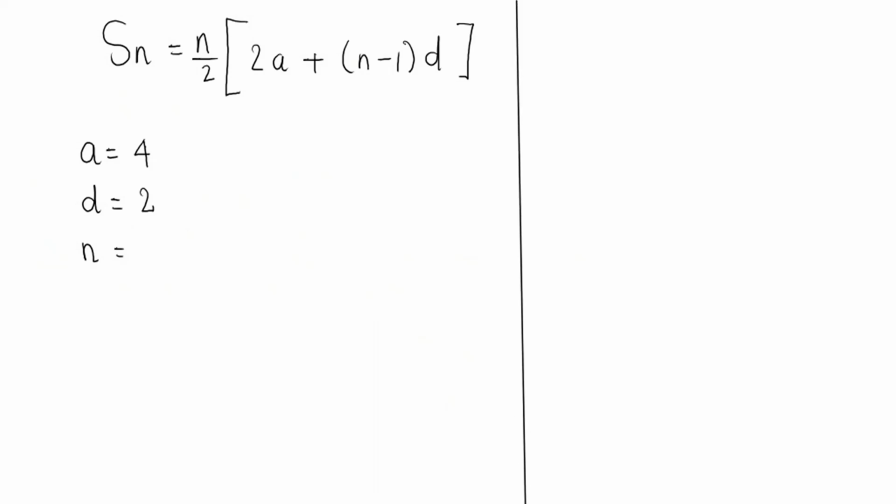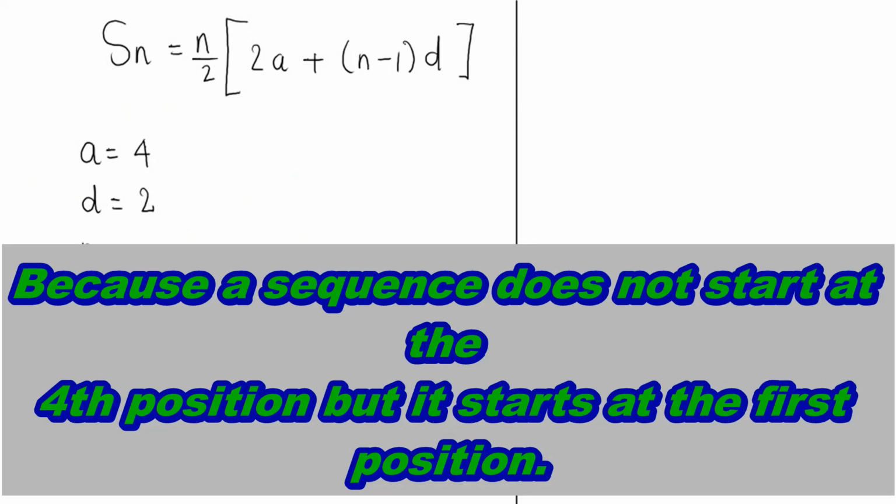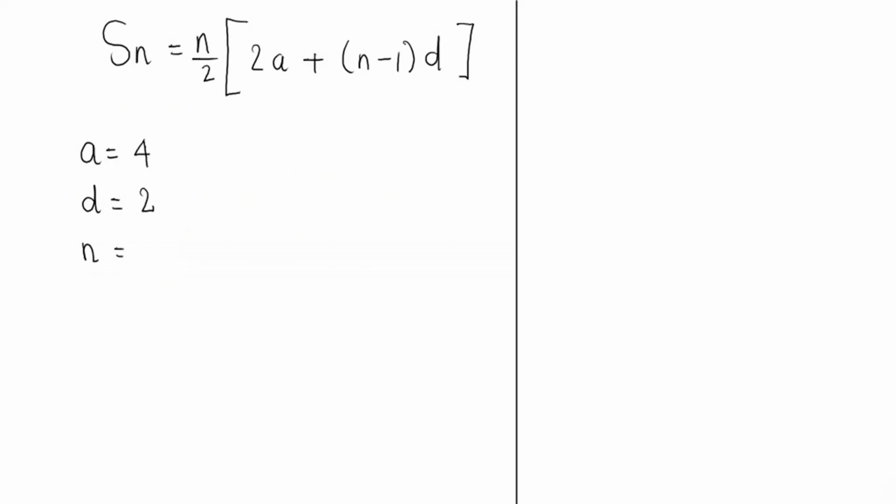To get the number of terms that are in the series, this is the equation that you need to use. So I'm just going to rewrite this question here. We're given sigma notation, n equals 4 to 70.